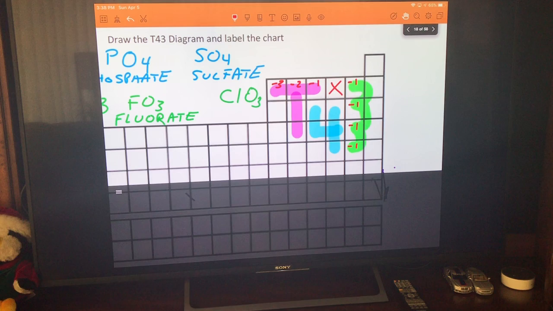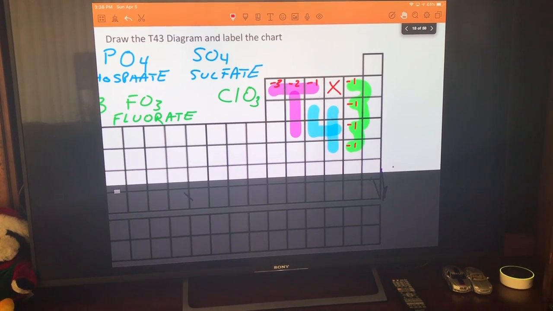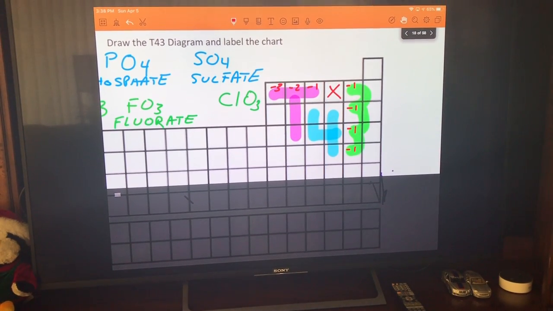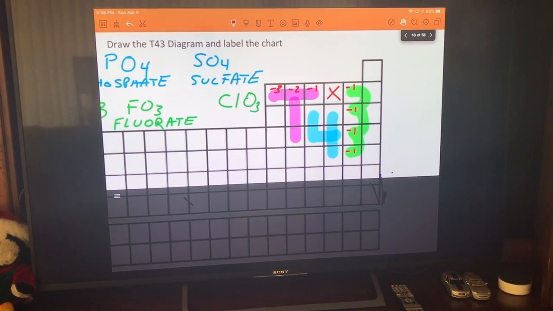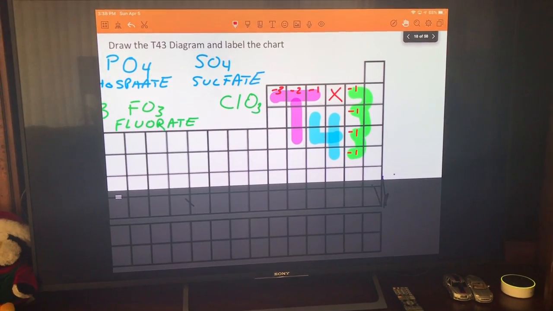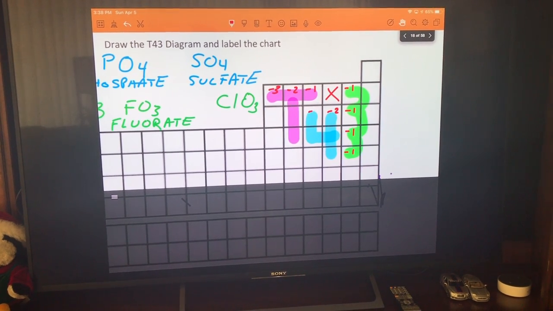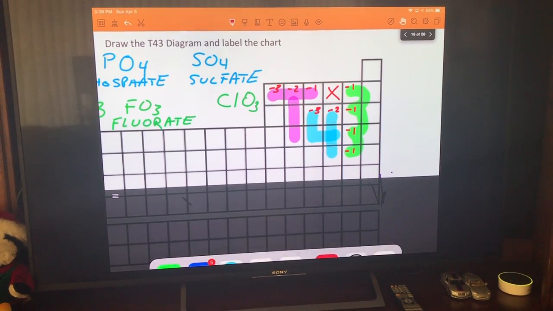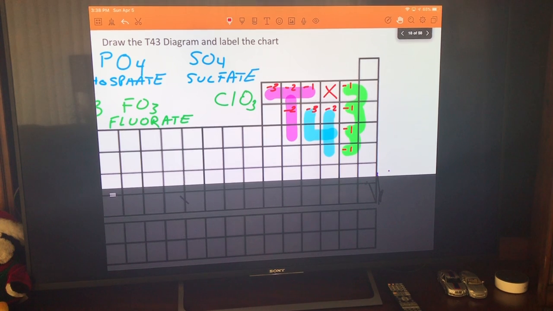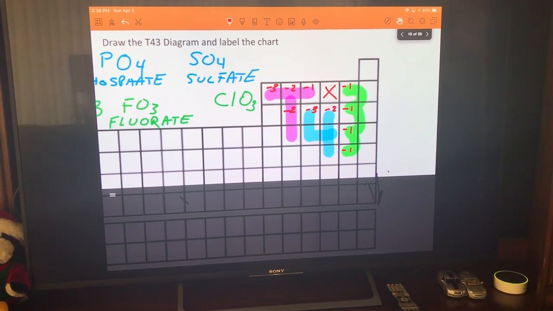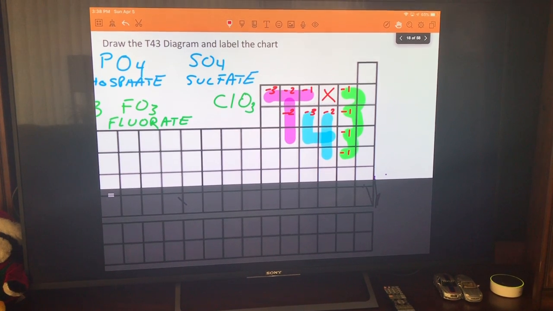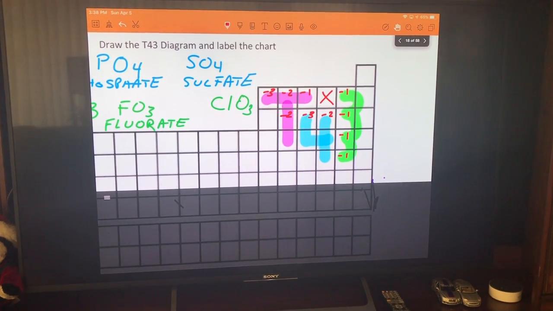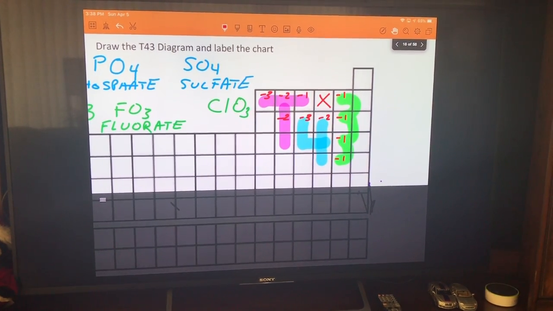So borate is going to be -3, carbonate -2, nitrate -1. In the second row, they just go in order again, -1, -2, -3, and then back down to -2. So chlorate is -1, sulfate is -2, and phosphate is -3.